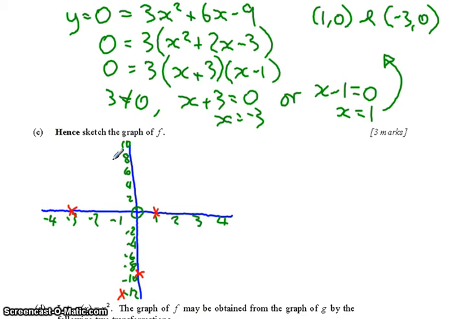Now what we have is a quadratic, so we know it's a smiley face, and we know it has to go through these 4 points. Joe is a better artist than me, but something which looks a bit like that should do the trick.